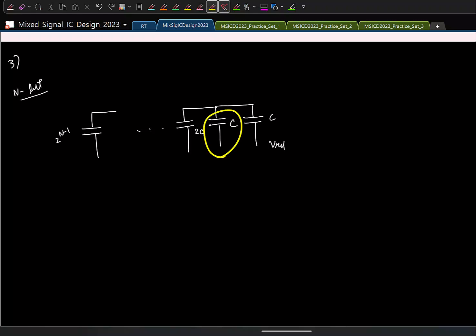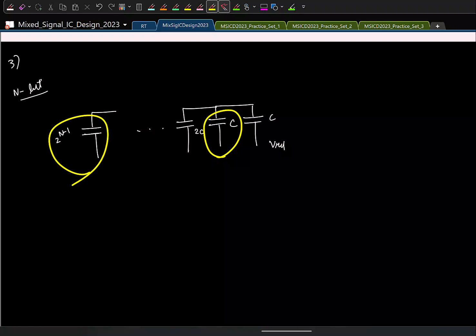I'll have the lowest capacitor C, that is always connected to Vref, and then C to C, and then till what? I need to have n capacitors for switching. This is C, the nth capacitor will be 2 power n minus 1 times C.